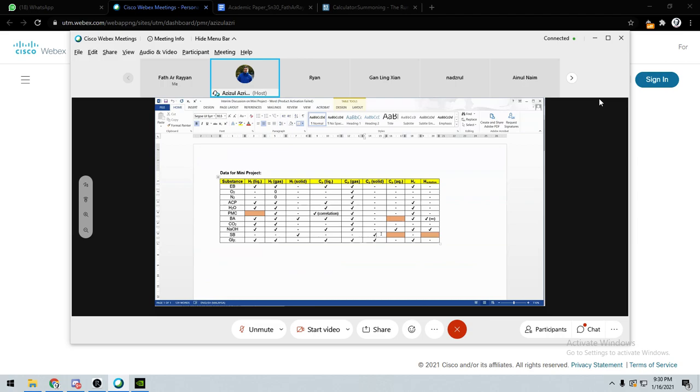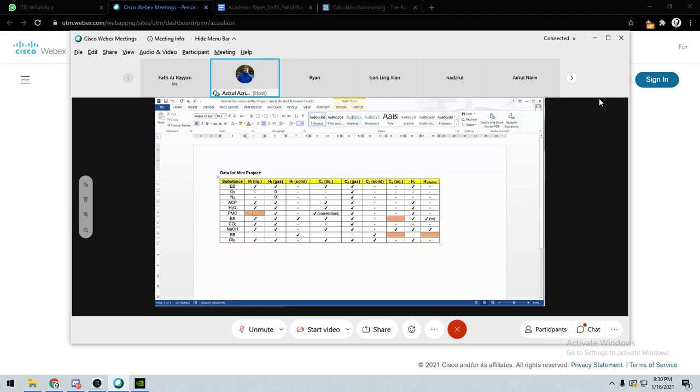For example, if you want to go from Johor to Perlis, or maybe from Johor to Kelantan, and there's a flood in Pahang, then you need to find another route. You cannot go the normal route. So maybe many of you asked about PMC. I also couldn't find it, but if you can find it, then okay.